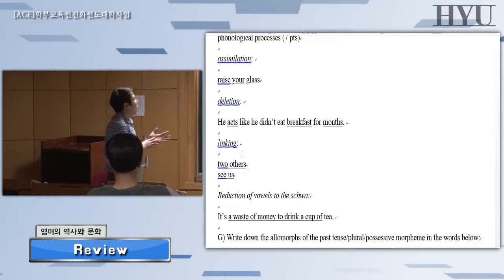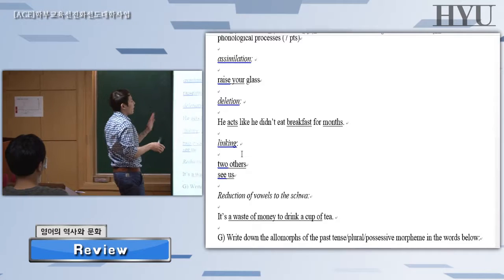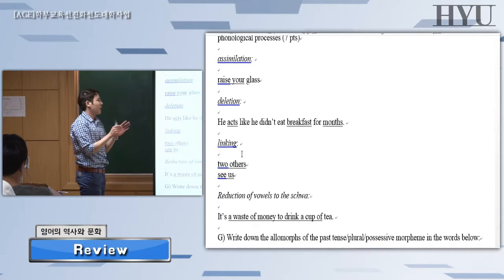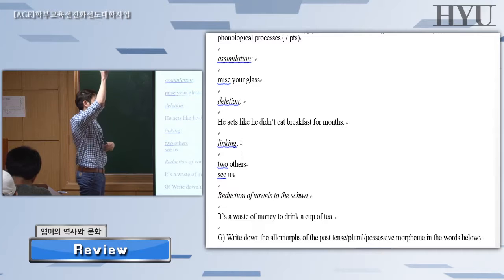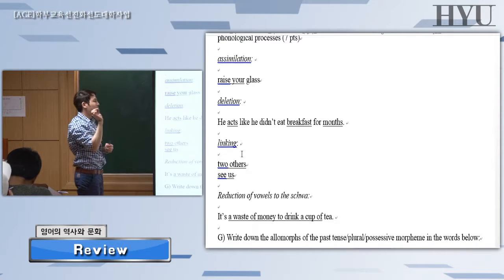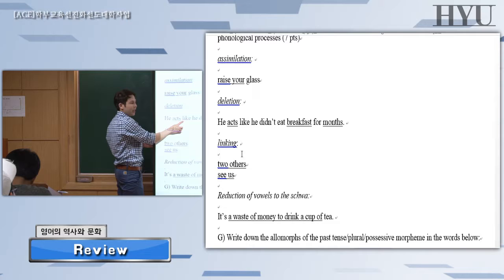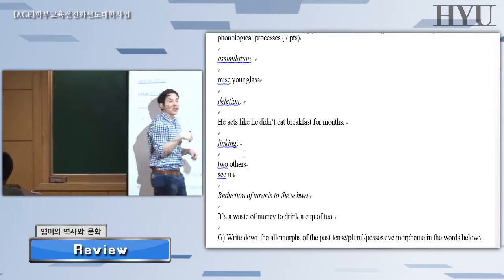Okay. Now, deletion. When you have so many consonants in a row, to simplify our pronunciation, one consonant tends to get deleted, and it's the middle consonant, right? It's the middle consonant that tends to get deleted. Like he acts like, so acts here has three sounds.